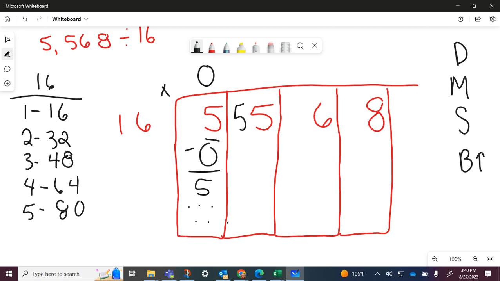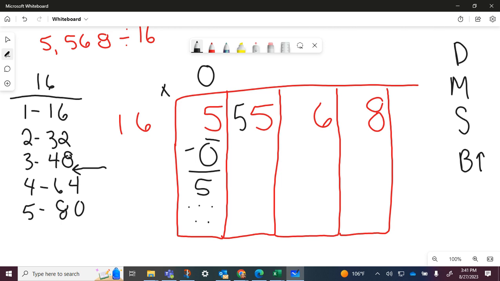And so I'm going to come over here to my multiplication chart, and this is where this is going to help me. So think of it again. I've got 55 of these little dots. So I'm trying to find 55. It's not on my list, but I know 55 is right in between these two numbers, 48 and 64. It's somewhere between there.